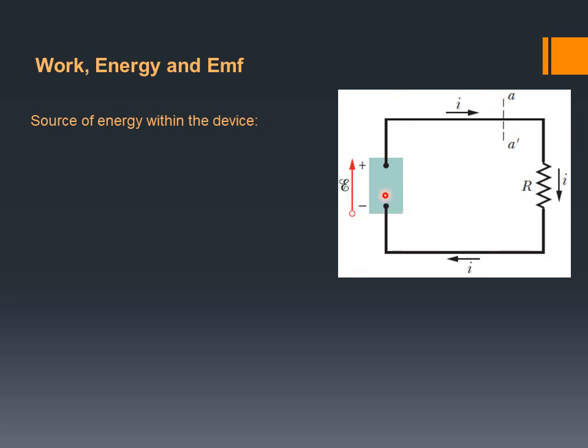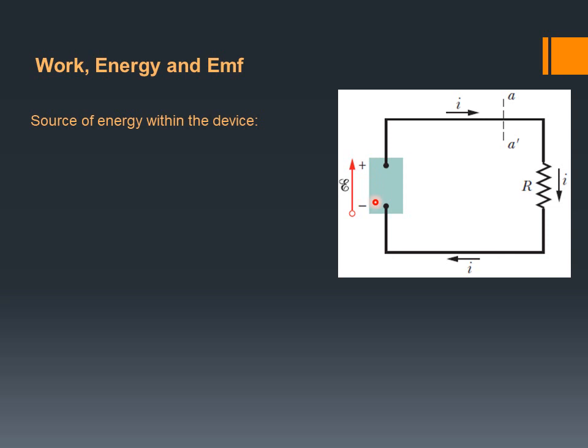But when they get here, they are at lower potential, and they can't move to the higher potential. So inside this source of EMF, which may be a battery for example, it does work on the charge carriers and lifts them from low potential to higher potential. So it is like a pump. A battery works like a pump.